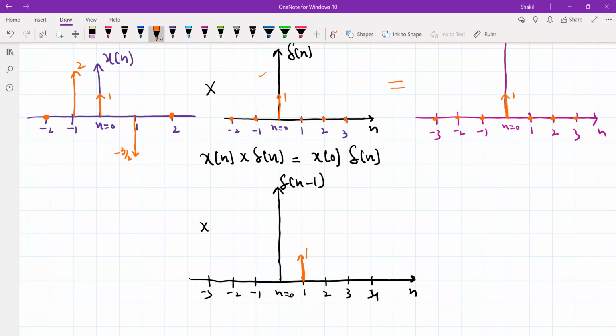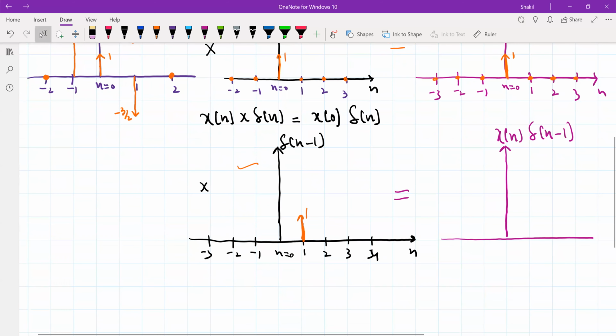Delta n minus 1 means simply give a shift towards the right to delta n. Now when you multiply this sequence with this sequence, what will be the result? When we multiply this and this, the output will look like this. So this is x of n delta n minus 1.